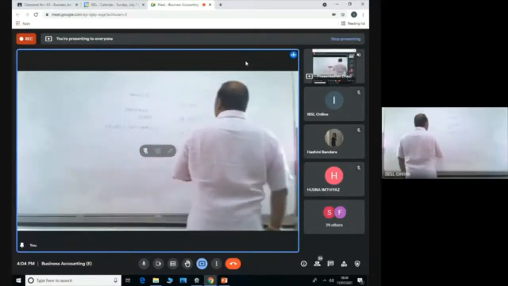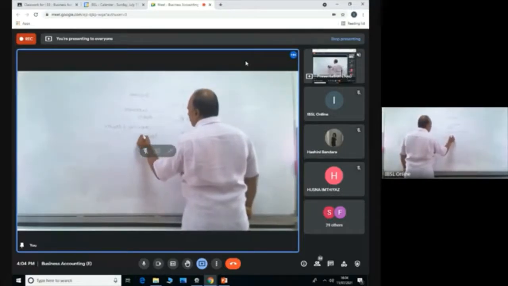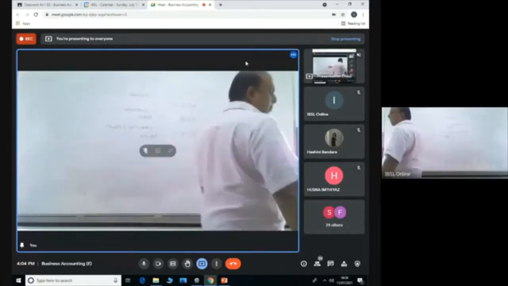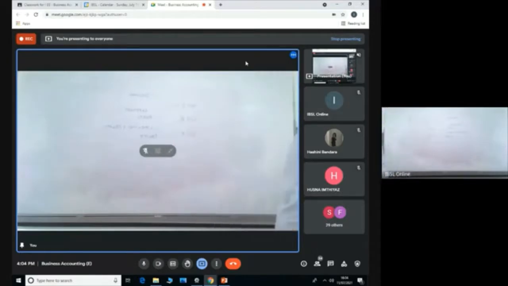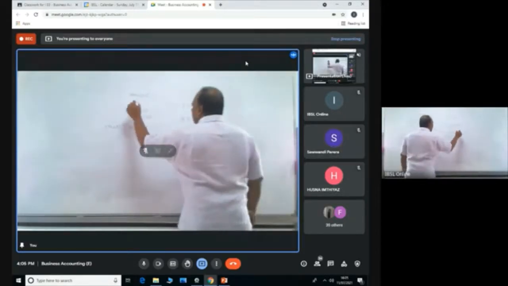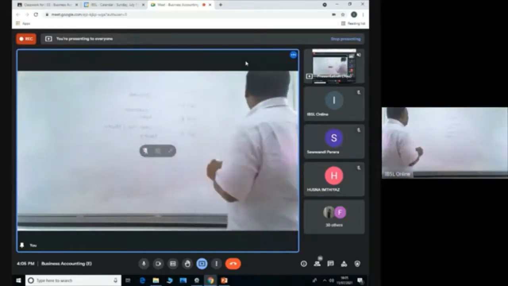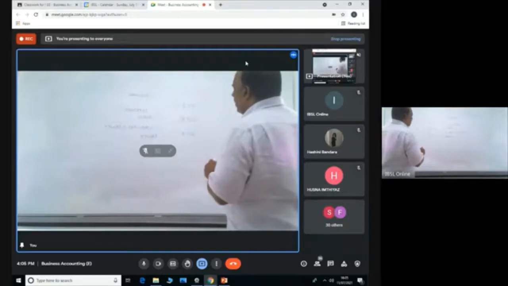Then we also have the statement of changes in equity. This is basically your equity components, right? So when you look at it as a whole, the three financial statements talk about the important elements in accounting.